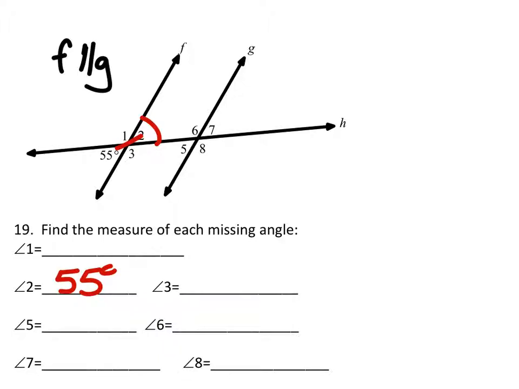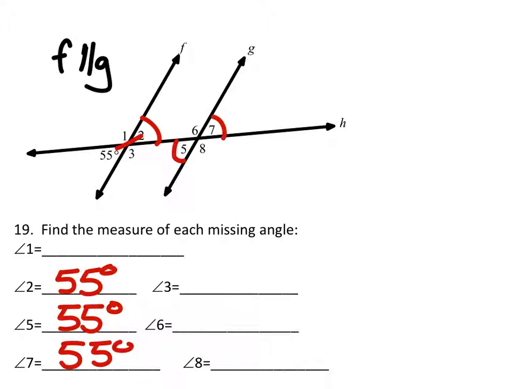The 55-degree angle corresponds with angle 5, and they are corresponding angles. So that would be 55 degrees. And 7 corresponds with 2 and is vertical with angle 5, and is also alternate exterior with a 55-degree angle. So angle 7 also is 55 degrees.